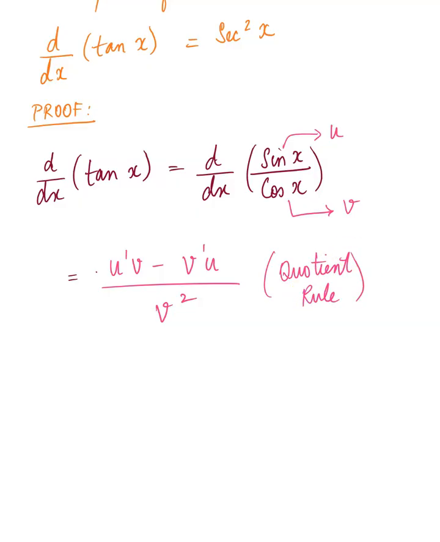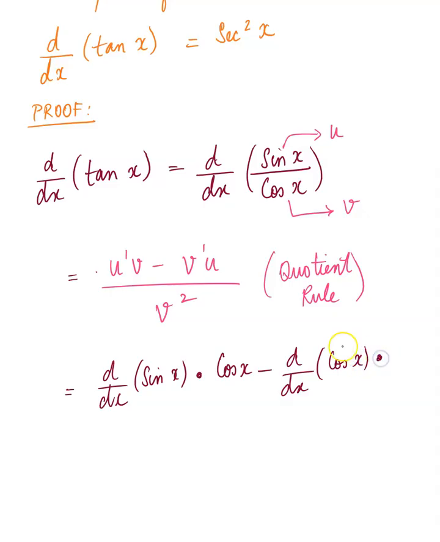So keeping that in mind, u prime times v, which is cosine x, minus v prime, which is the derivative of cosine x, times u, which is sine x, all over v squared, which is cosine x, that is to be squared.